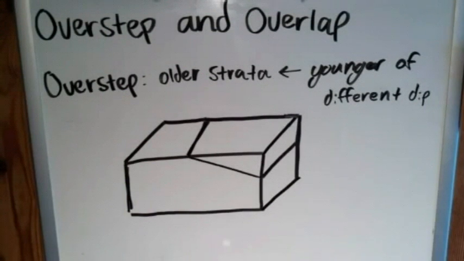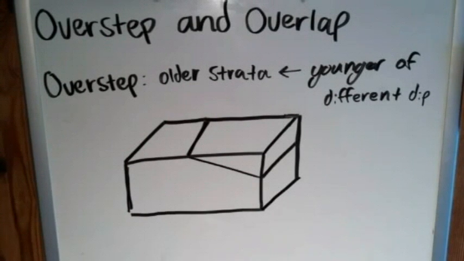So you'll have usually several strata all dipping in the same direction until some erosion occurs. And then you'll have some younger strata placed on top of it, and these ones will be dipping at a different angle after they are deposited. So that's our way of telling when there is an overstep.